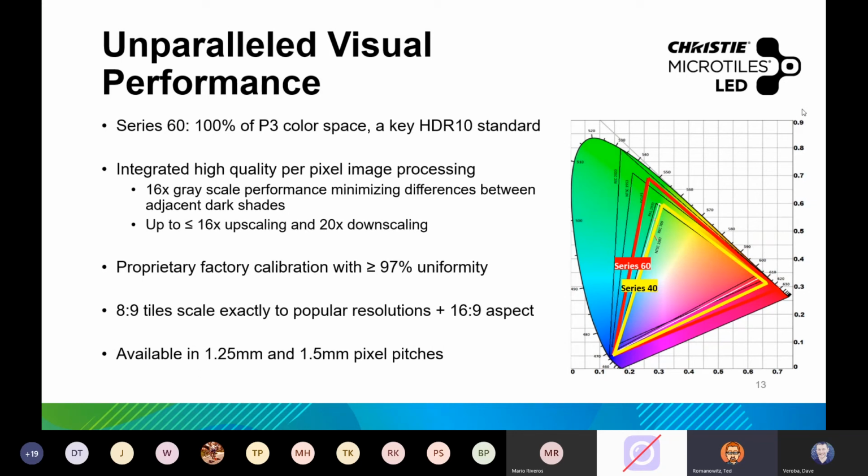It also has an integrated professional grade Pro AV grade scaler that does 16x up and 20x down. Our factory calibration system calibrates both color and brightness to more than 97% uniformity. And actually, the shipments that we've measured lately have been exceeding 98% of uniformity. So let's go to the next slide, please.